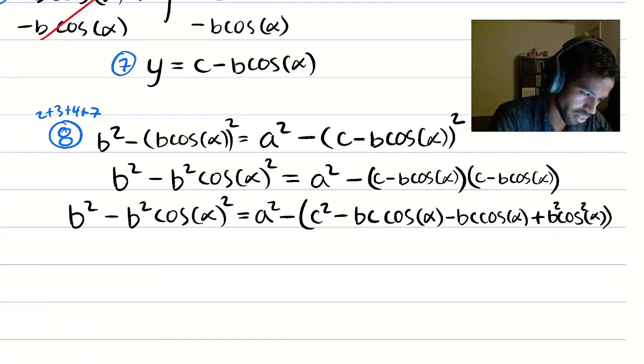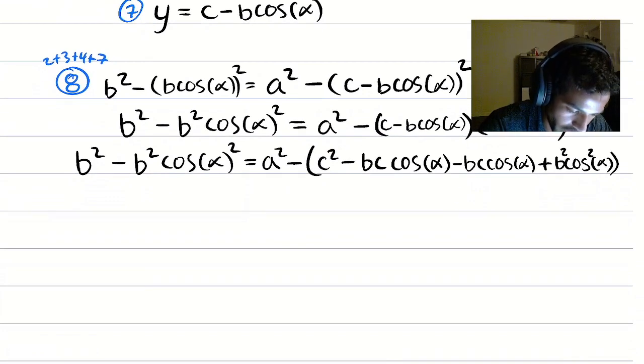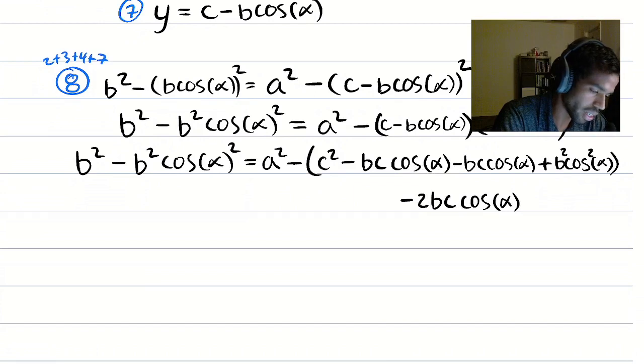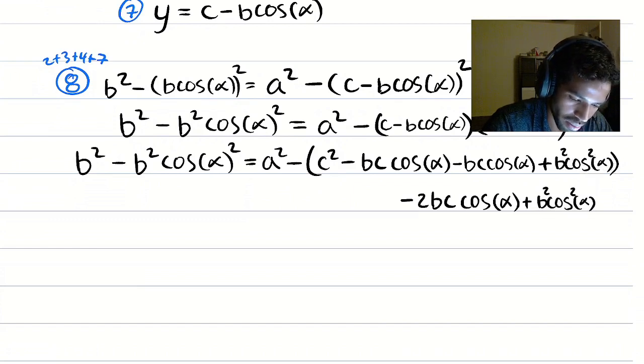Okay, so now we're gonna distribute this negative across. But before we do that, let's combine like terms. These two are like terms. So we are gonna have negative 2bc cosine alpha, plus, and we'll copy down the rest, b squared cosine squared alpha. But now we have to change, we're not changing anything yet. C squared.